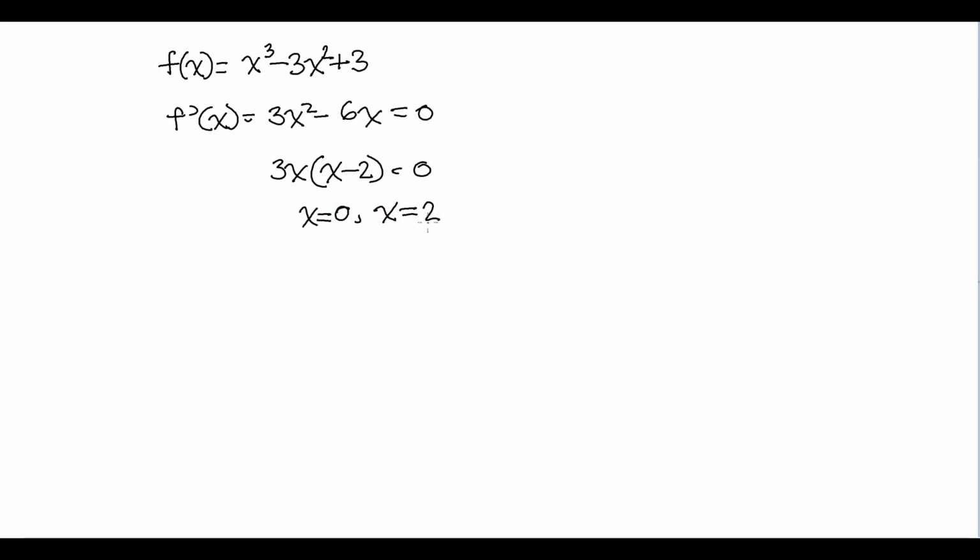Rather than using the first derivative test, why not try the second derivative test since our polynomial is not of a high degree? Our second derivative results in a linear function. From 3x squared, we get 6x minus 6, or just to simplify things, 6 times x minus 1. So f prime prime of 0 is 6 times 0 minus 1, which is negative 6.